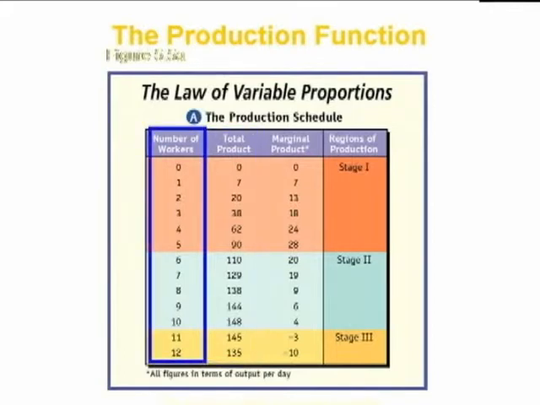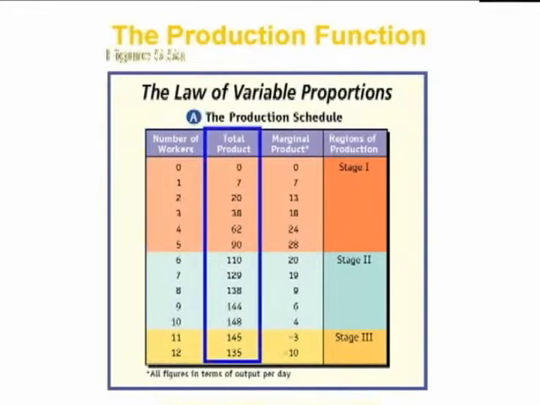The first column is the number of workers. In this example of a production schedule, the first column indicates the number of workers. You can see that the number of workers begins with 0 and moves on through to 12 workers in total. The second column reveals the total product, or the amount that can be produced given the number of workers.